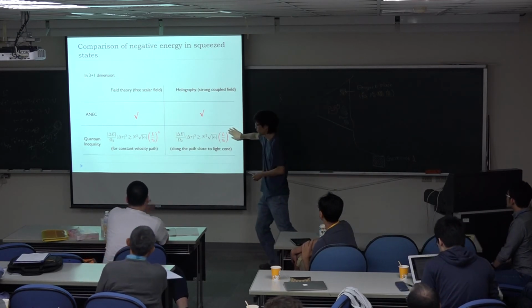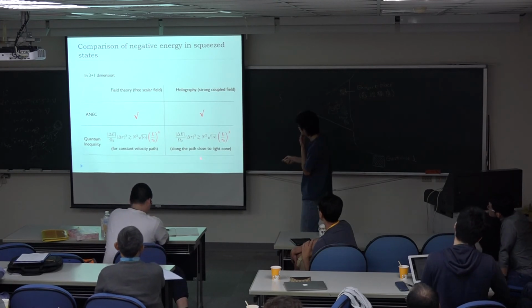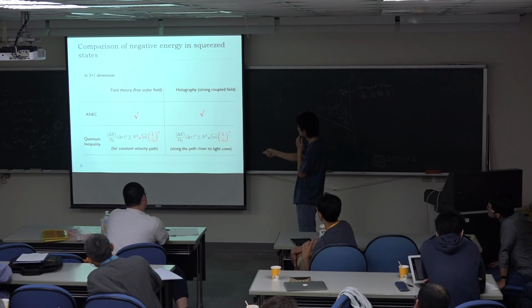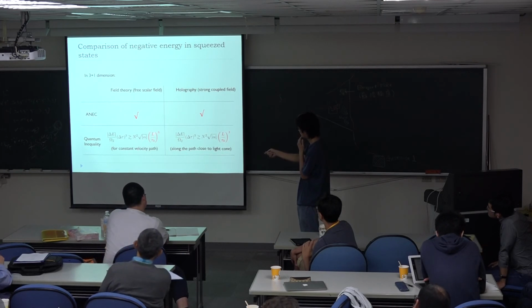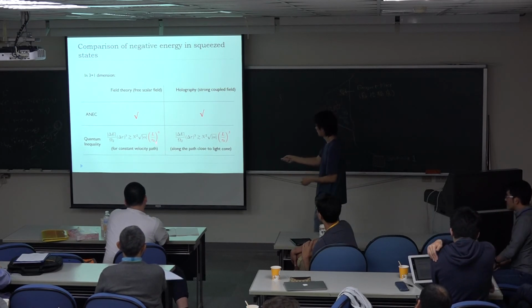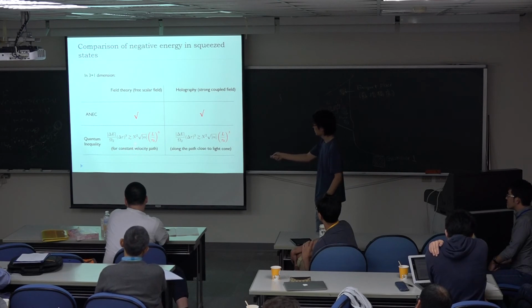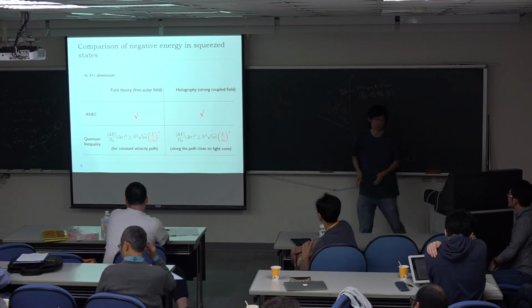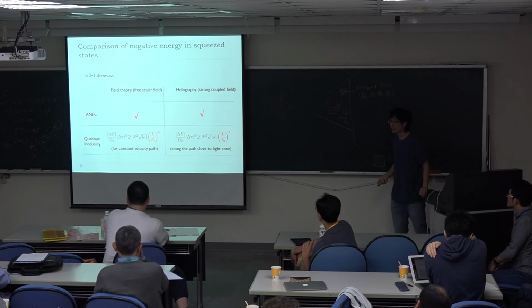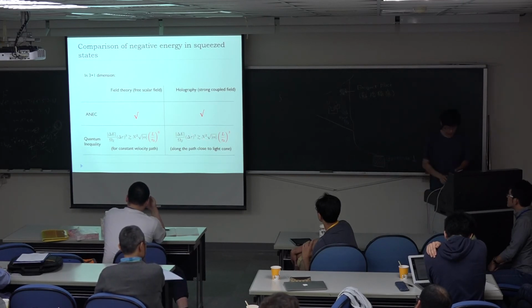I mean, this power could be smaller. But this is for paths close to the light cone, whereas for the free field calculation, this constraint is correct for any velocity. But certainly there's some overlap. You just take the light-like limit, and then you can compare these two results. You still get the less constraining condition for the holographic calculation.